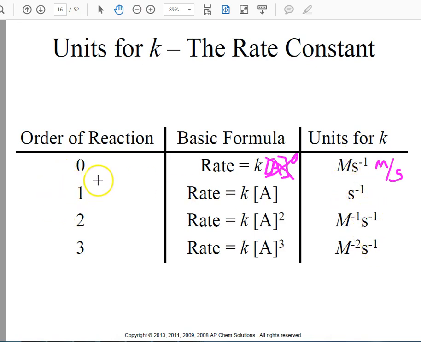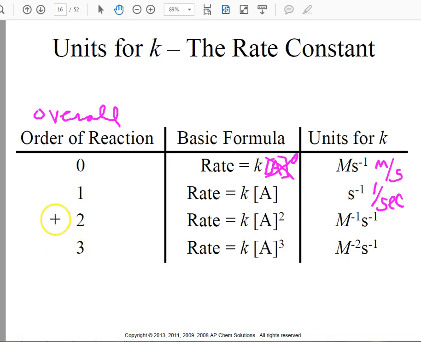If your order is 1, and this is talking about the overall order for the reaction, and here we're just using 1 reactant, but you could have multiple, but if the overall order is 1, the units for K are 1 over time, or 1 over seconds, or seconds to the negative 1. This negative 1 means that it's on the bottom of a fraction.